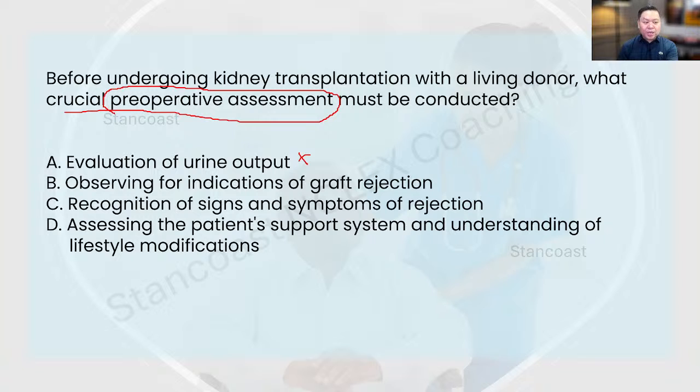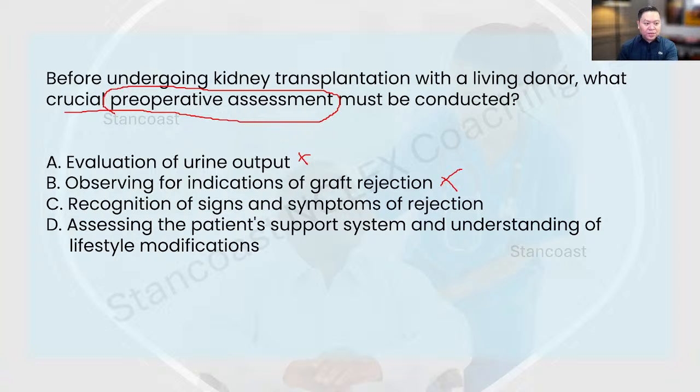It's not one of those priority tasks that we need to do at this point. It is going to focus on ensuring the patient is prepared for the transplant surgery and also that they're able to understand the implication of the procedure. So we're going to eliminate B.